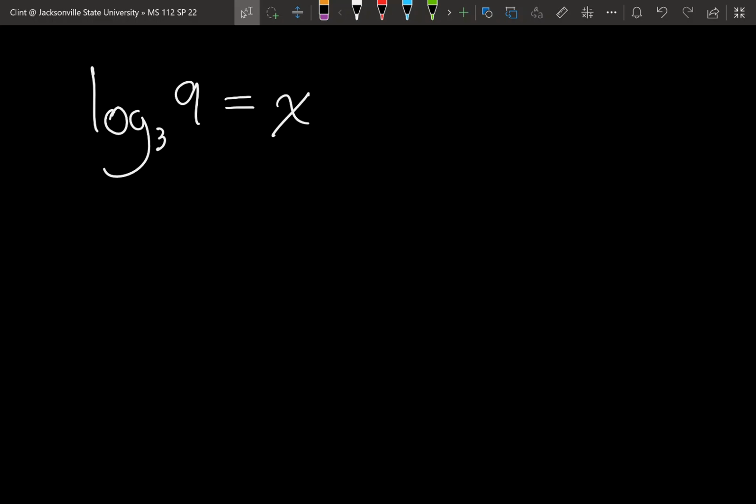We want to rewrite it in exponential form. Start with the base. So our base is 3. That's going to be our big number. And what's our exponent going to be? X. And that will equal 9. That's all we have to do on those. We're not trying to solve for anything. We're just rewriting.